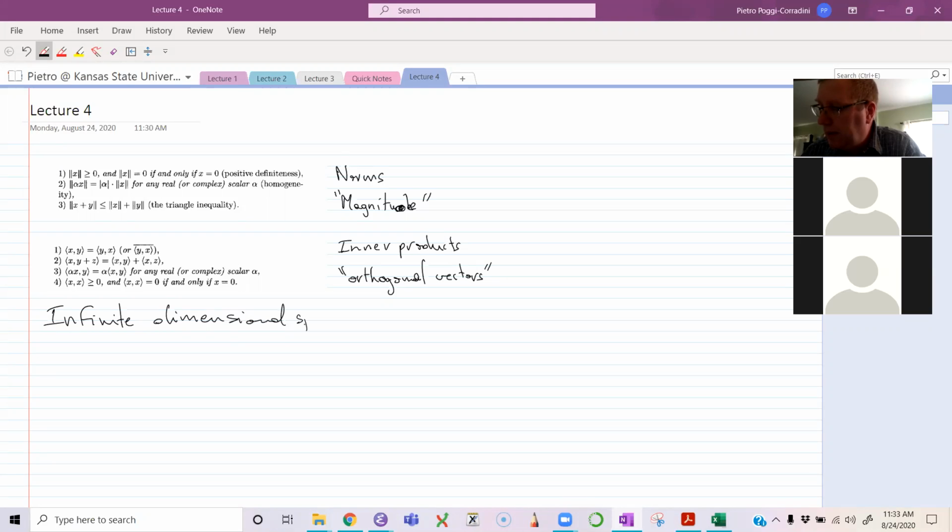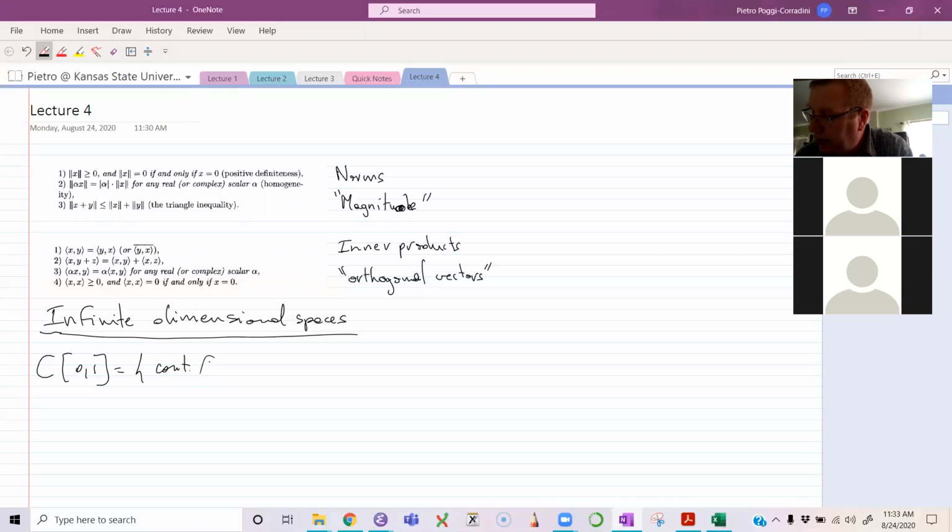Let me just say a few words about this. For instance, what's an example of an infinite dimensional space? The continuous functions on [0, 1], right? The space of all continuous functions.